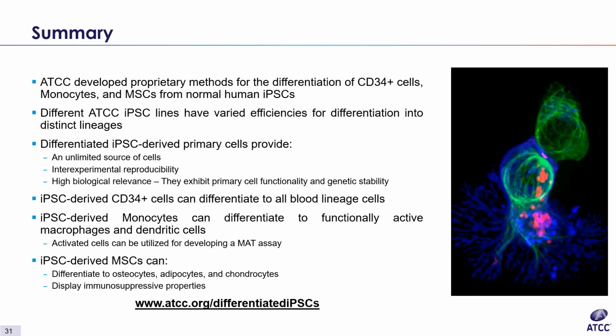Now, if you're using ATCC's osteocyte or chondrocyte differentiation kits, we do have pretty clear instructions as far as what seeding densities you want to use. So basically, use the seeding density that's indicated on the kit.